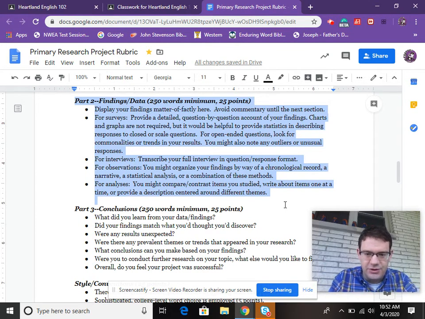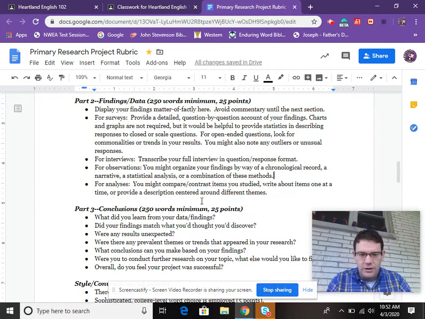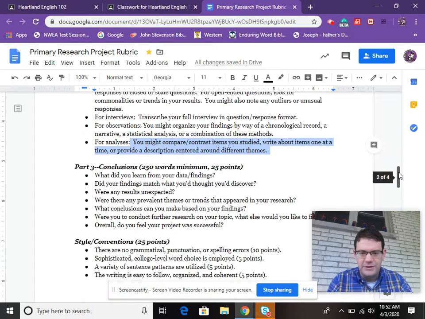Provide a description centered around different themes. So for an analysis, again, try to stick to just the facts, but you might want to focus on a couple of different things in what you're analyzing.